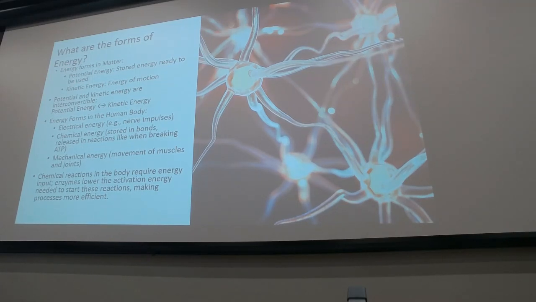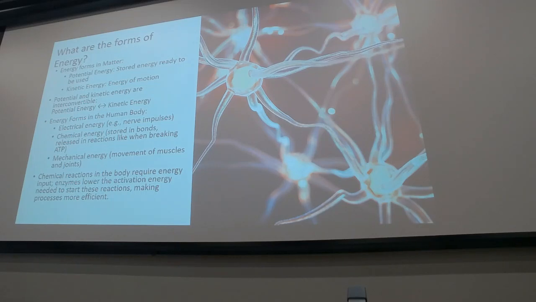We have potential energy and kinetic energy. Potential energy is a stored form of energy. It's like when you're charging the battery in your phone or electronic device. You're storing energy in that battery. That's potential, and it can be transformed into kinetic.